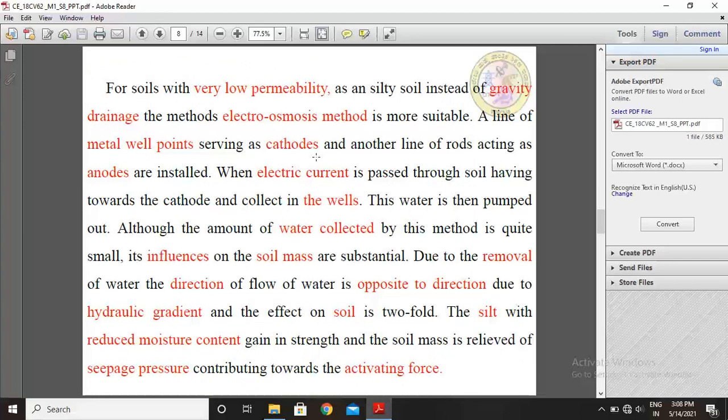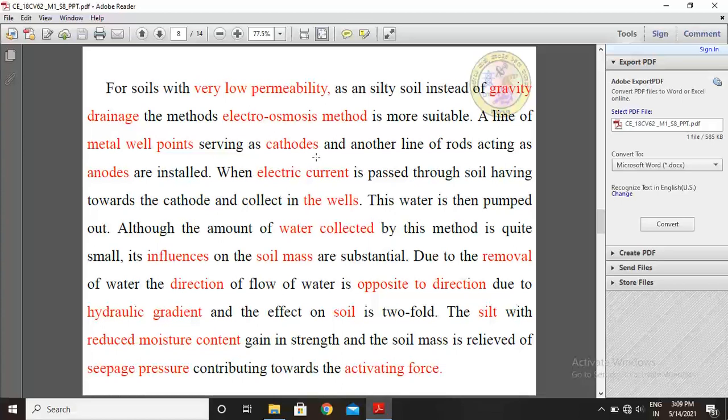For soils with very low permeability, as in silty soil, instead of gravity drainage, the electro osmosis method is more suitable. A line of metal well points serving as cathodes and another line of rods acting as anodes are installed, as shown in the above figure.